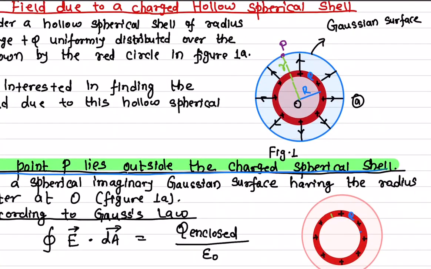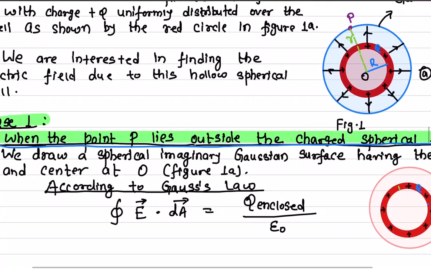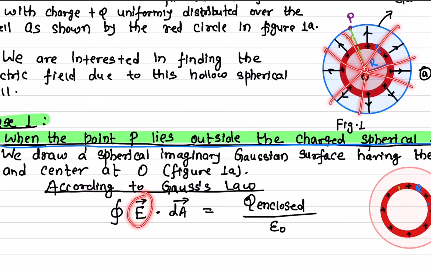Okay, so now if you look at this point, the electric field at all points is exactly the same. It doesn't matter where you take it, just by symmetry the electric field at any point is exactly the same. So E is a constant quantity because it is at exactly the same distance on the sphere.